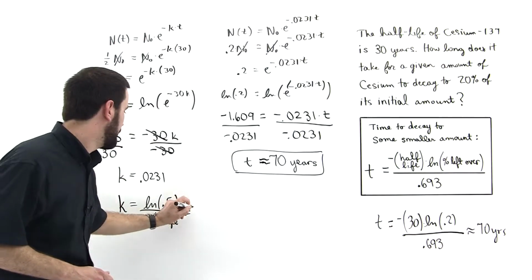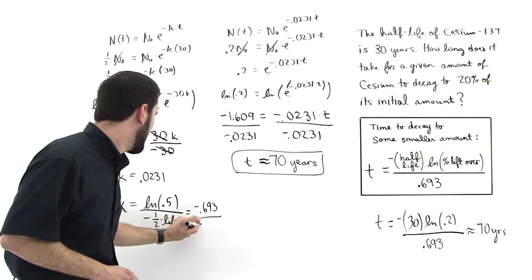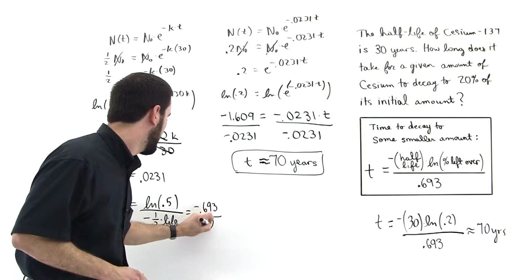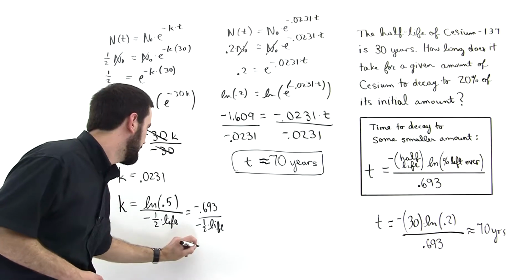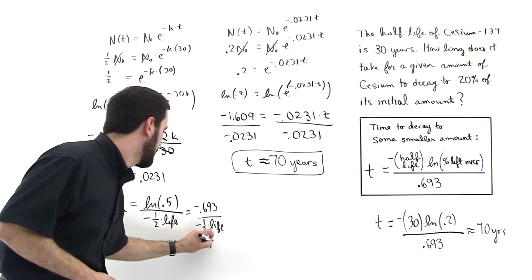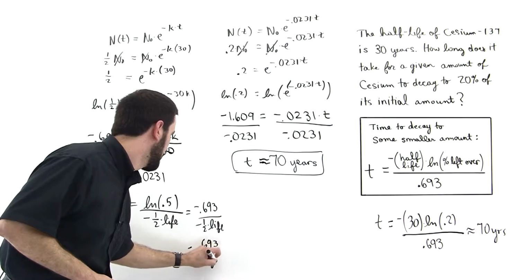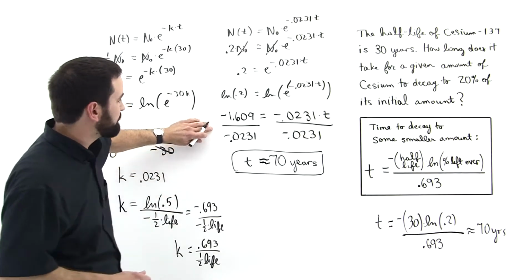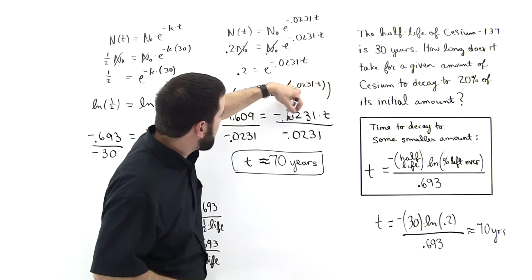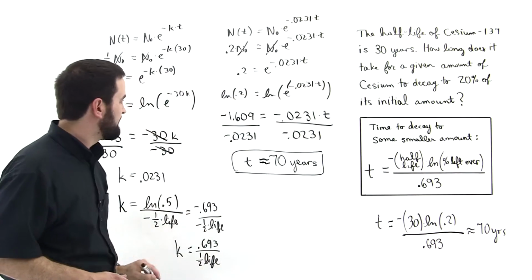So this is equal to negative 0.693 divided by negative of the half-life, and the negatives cancel and we get 0.693 divided by the half-life.